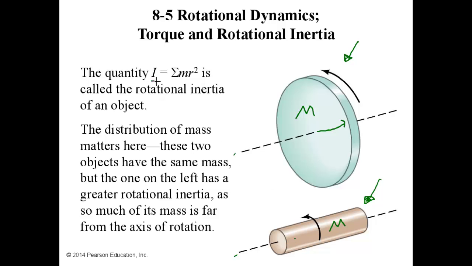So we can write this same expression for all these tiny little chunks of mass, all located at a given radius, and we can essentially sum all those up and come up with the moment of inertia of bodies that are rotating, not just point masses.